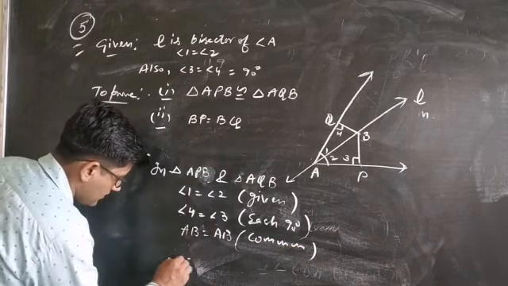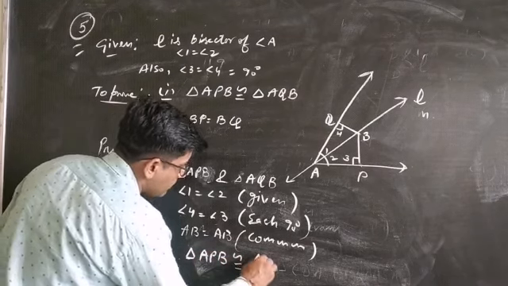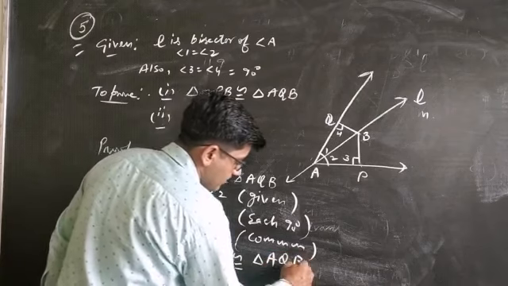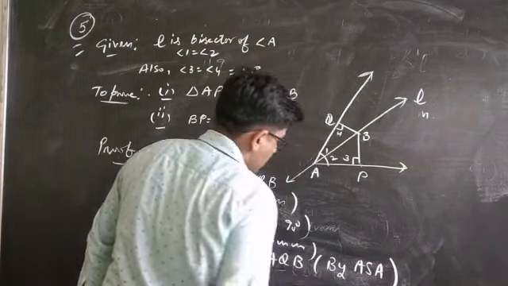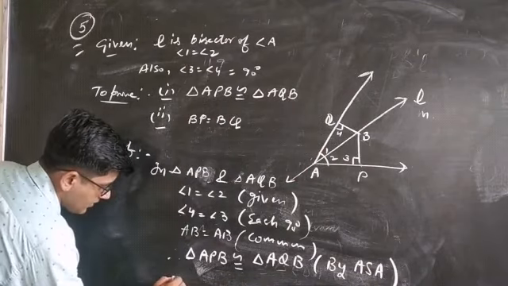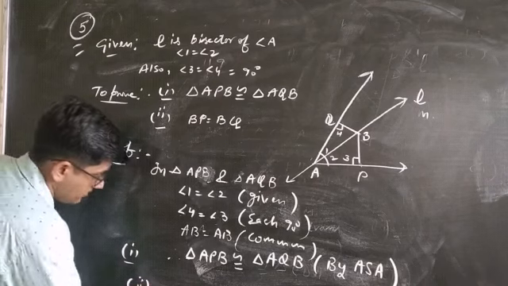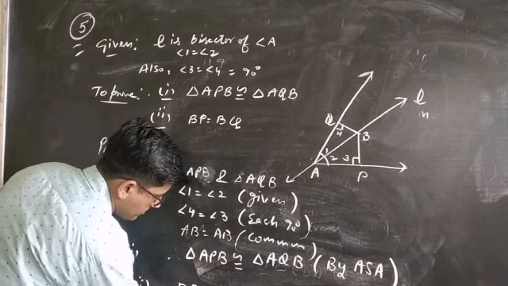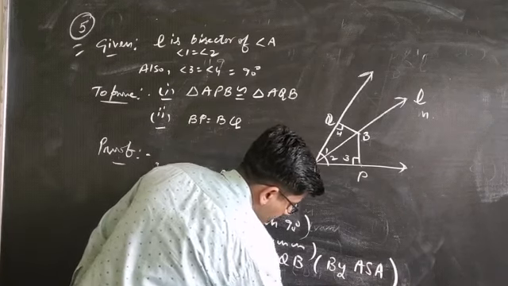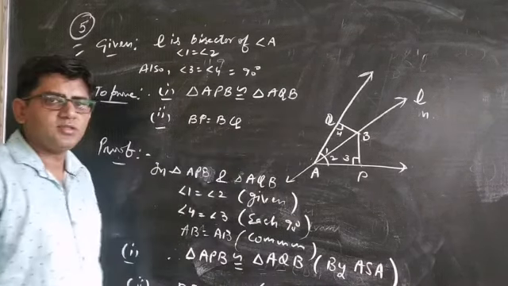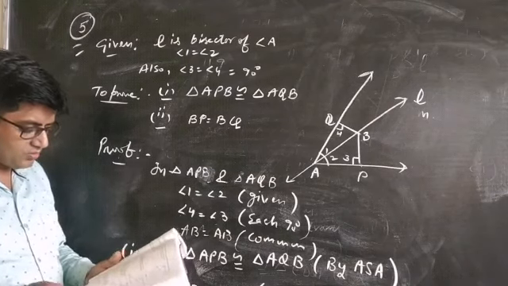So the triangle ABP is congruent to triangle AQB by angle side angle criteria. This is the first part to be proved. Now for the second part, BP will be equal to BQ by CPCT. So this is the fifth question of the exercise. Now we'll move to the next question.